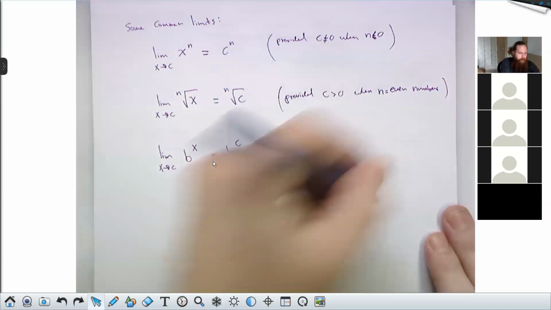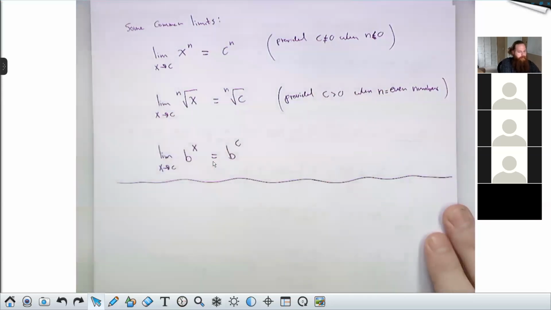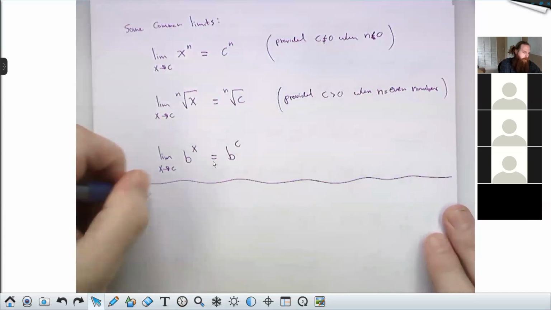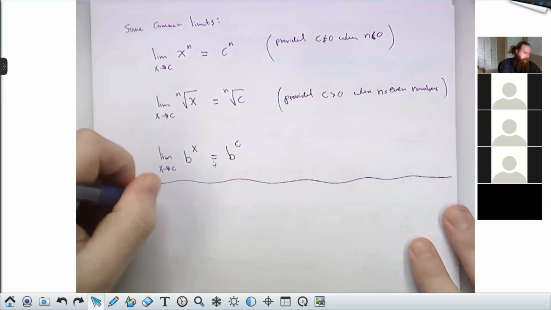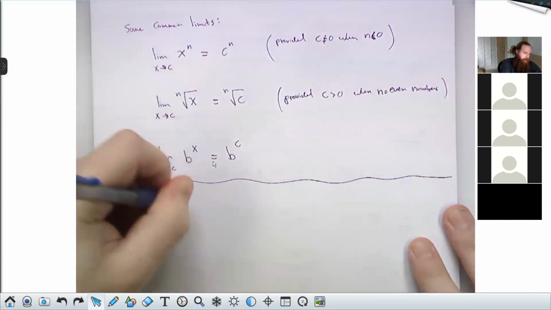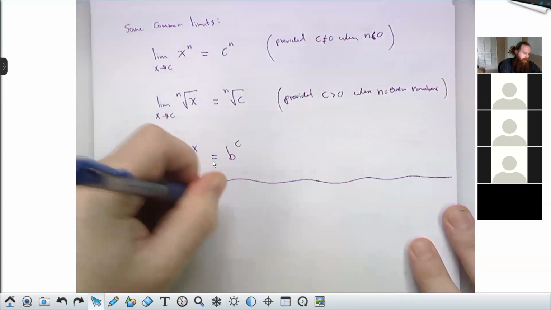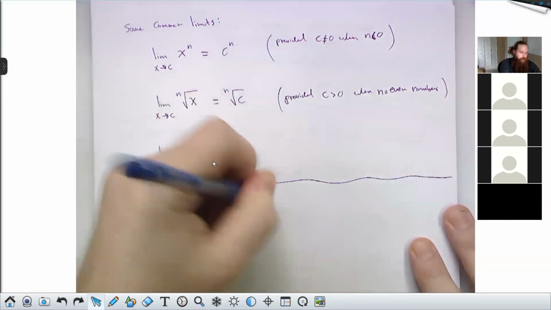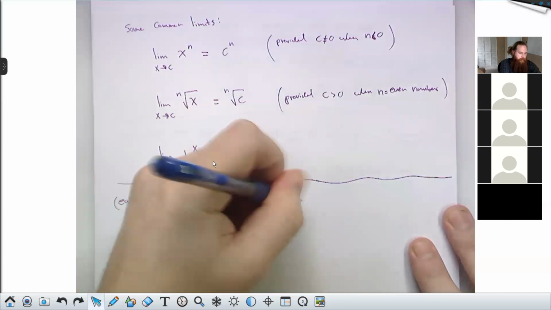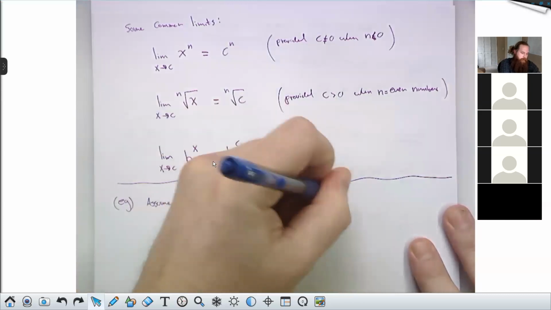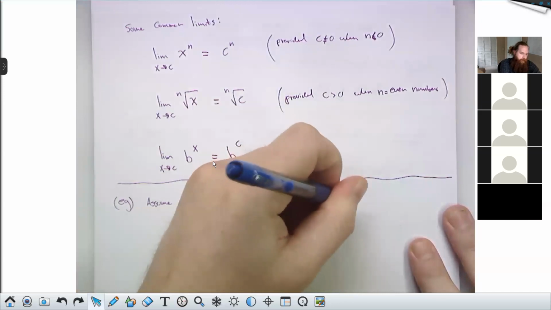But before we get into that, there are some kind of abstract examples that we want to go through to make sure we understand the rules. So assume that the limit as x approaches c of f of x is equal to 2, and the limit as x approaches c of g of x is equal to 1/3.